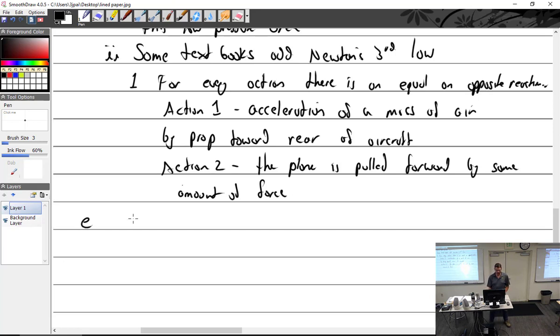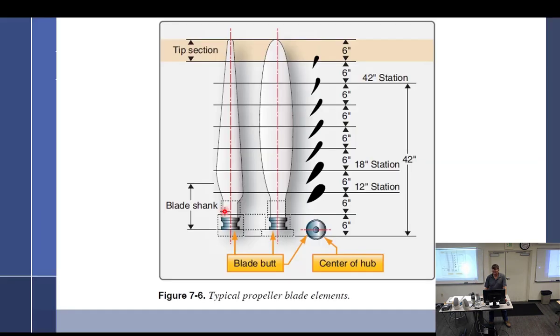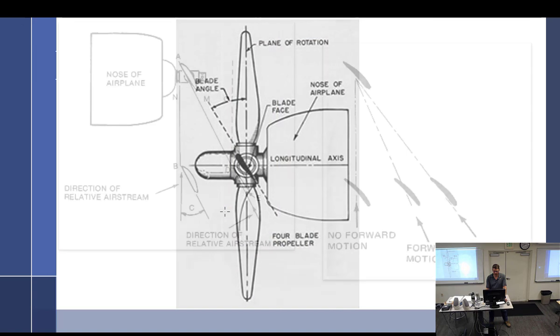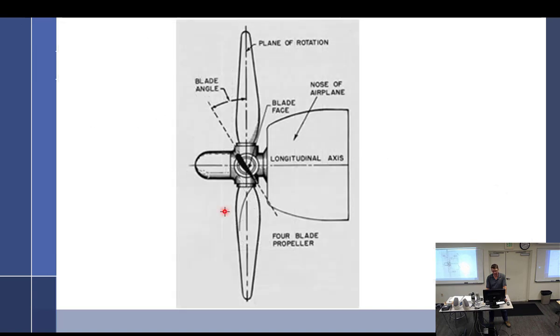All right, let's talk about blade angles. Some of these drawings or illustrations can be a little tricky.